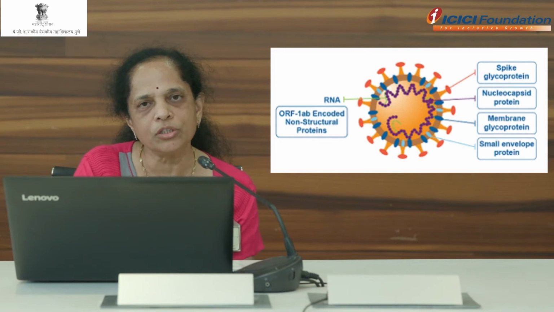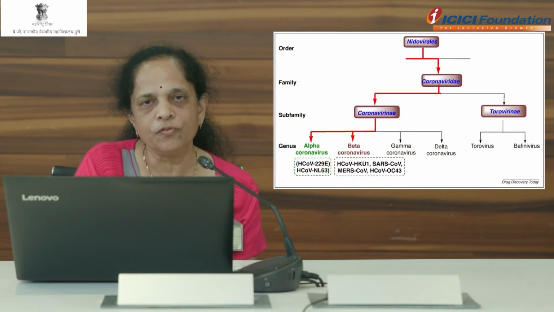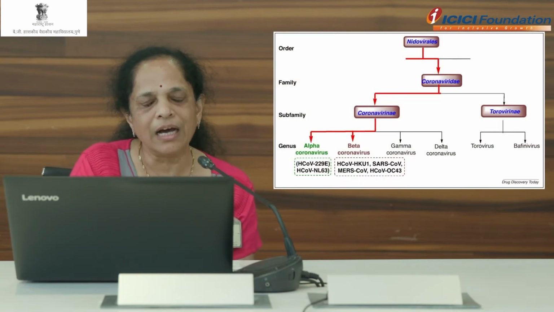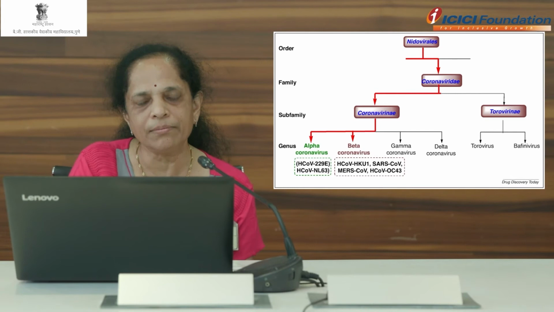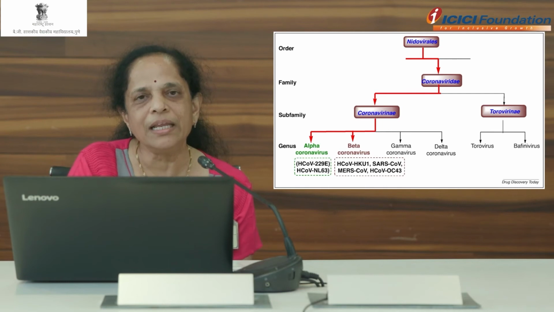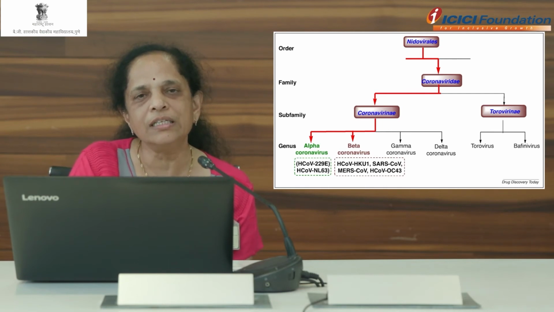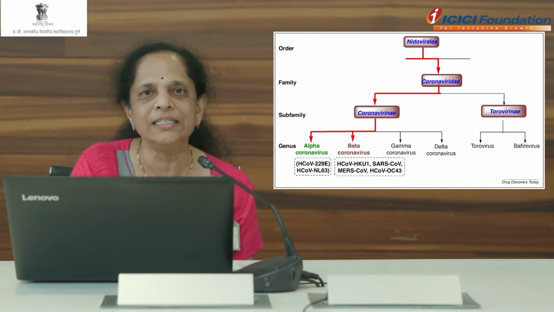The one coding for the envelope protein, we call the E gene. This E gene is common to the beta coronavirus, that is, sarbecovirus. So first we see whether the RNA we are detecting in the PCR machine is of sarbecovirus, and if it is there, then whether out of those sarbecoviruses the SARS-CoV-2 RNA is there.